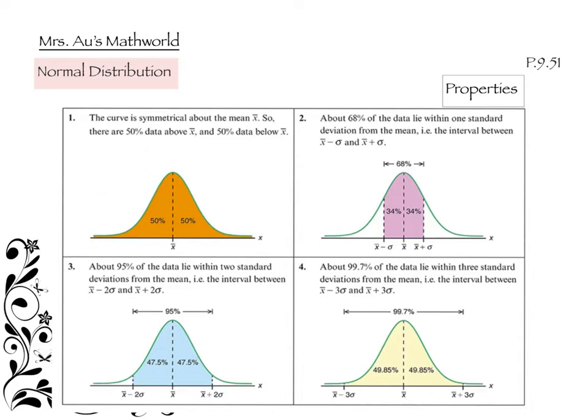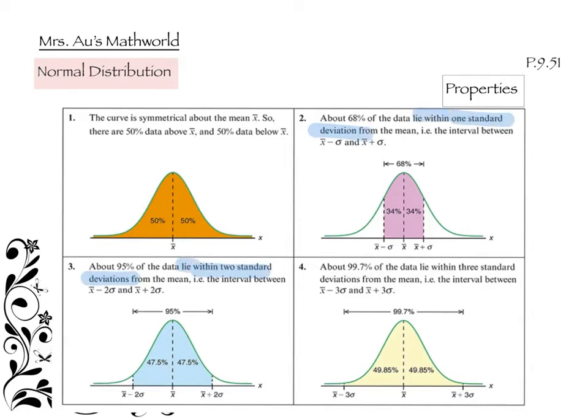The first thing is that the graph is symmetrical, so 50% on the left, 50% on the right. And then this is x bar minus 1 SD. Between 1 SD, you get 34% plus 34%, which is 68%. Second one, between 2 SD, you can see the English here, lies within.